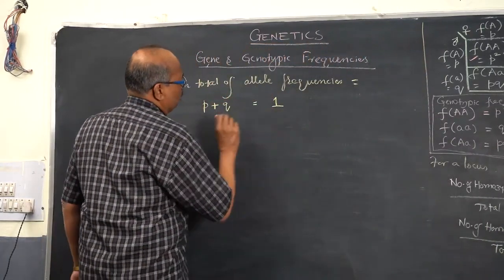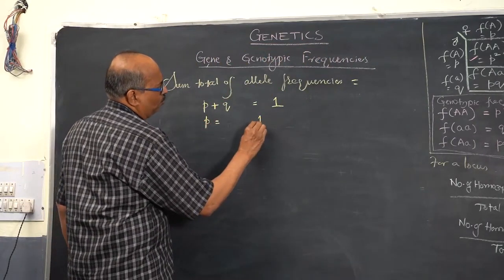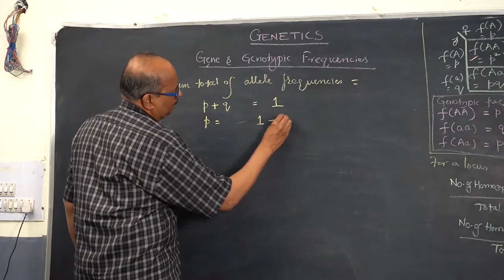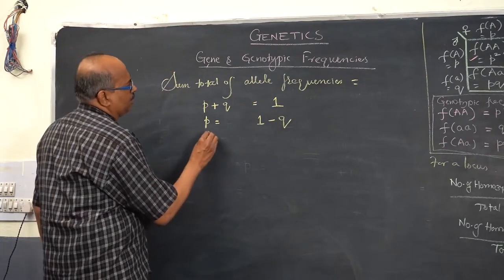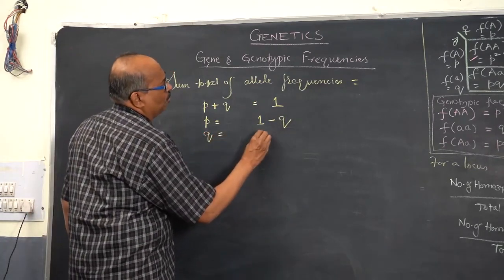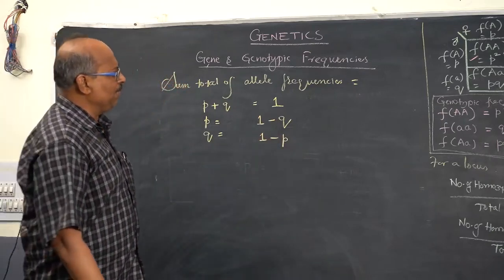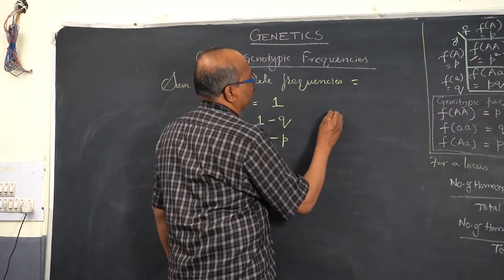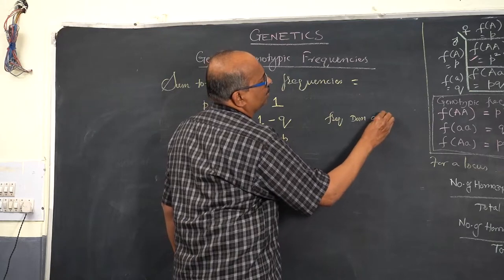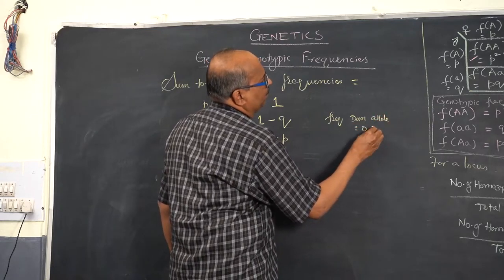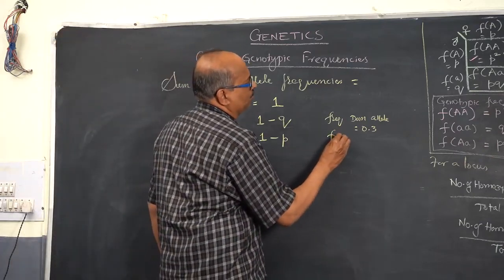Since P plus Q equals 1, I write P equals 1 minus Q. Similarly, I can write Q equals 1 minus P. So if I am given the frequency of dominant allele equals 0.3, find out the frequency of recessive allele.